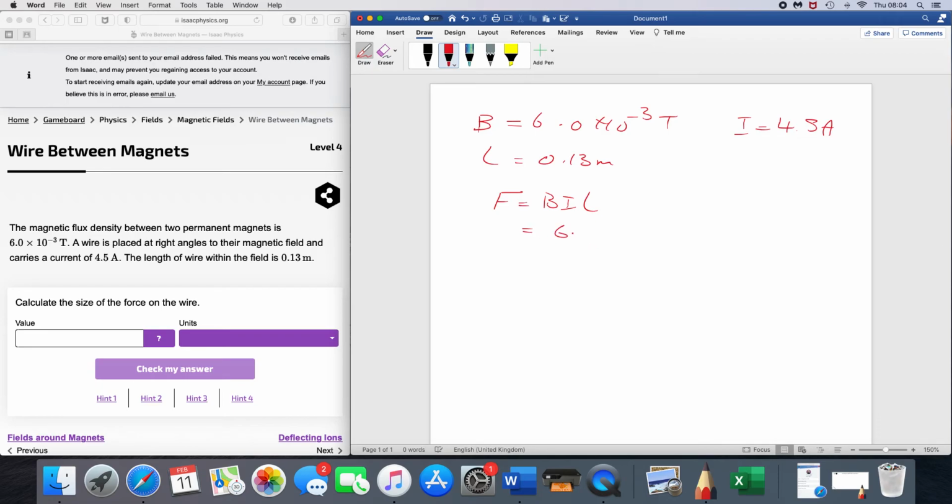We have 6 times 10 to the minus 3 times 4.5 times 0.13.